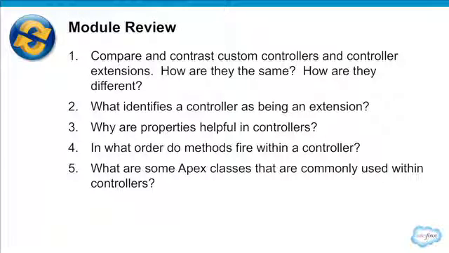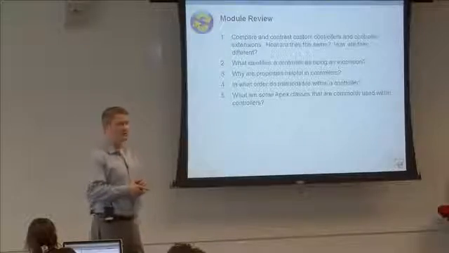Let me phrase this question a little bit differently than it says. In what order do methods fire within a controller? Let's say that I do an HTTP get to a page that is bound to a controller. What order are the methods going to fire?